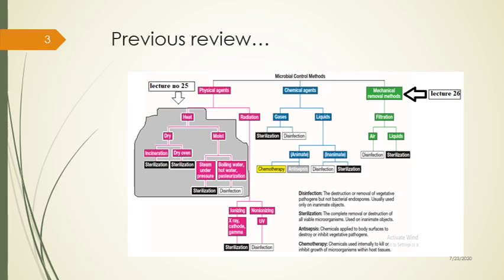In lecture number 26 we discussed mechanical removal methods like filtration of air and filtration of liquids. Today in lecture number 27 we will cover radiation, in which we study ionizing radiation including X-rays, cathode rays, gamma rays, and non-ionizing radiation including UV rays.